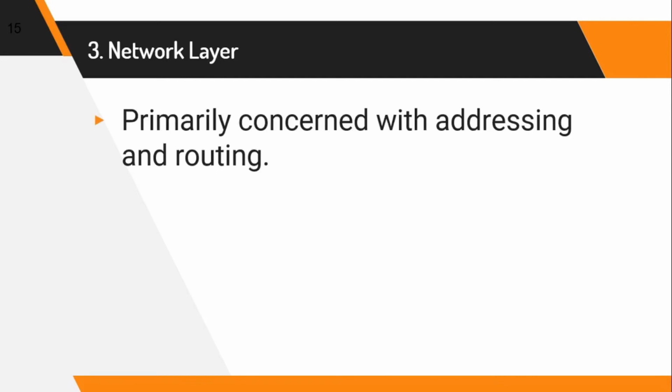Network layer, primarily concerned with addressing and routing. Logical addresses, in terms of IP address, are translated into physical addresses, in terms of MAC address, for transmission at the network layer. On the receiving side, the translation process is reversed.